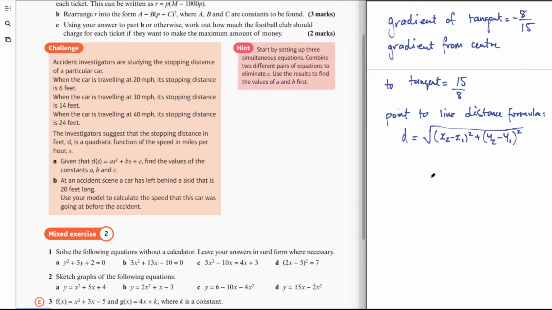And apparently the formula is a, well, what's the A?